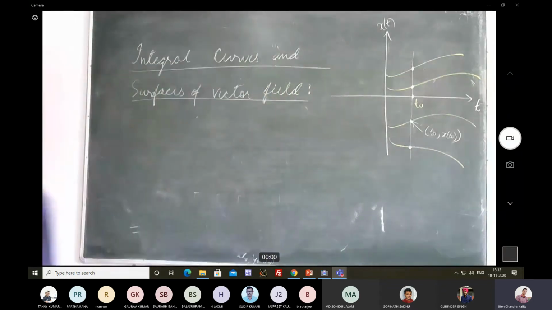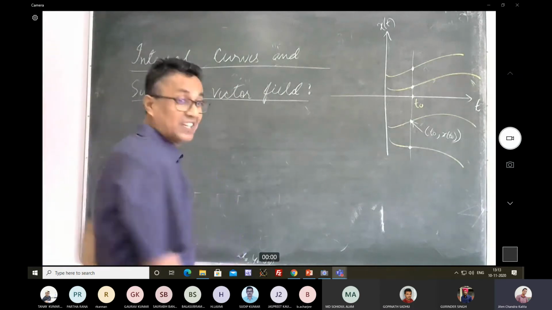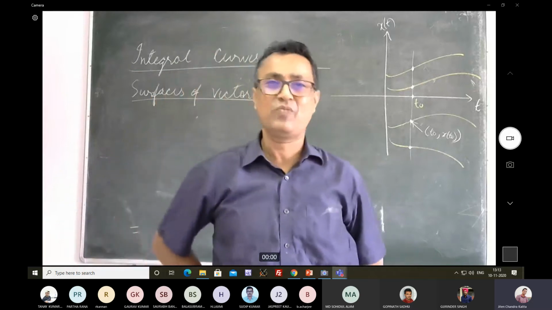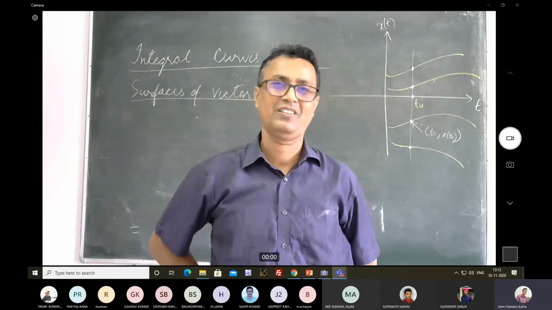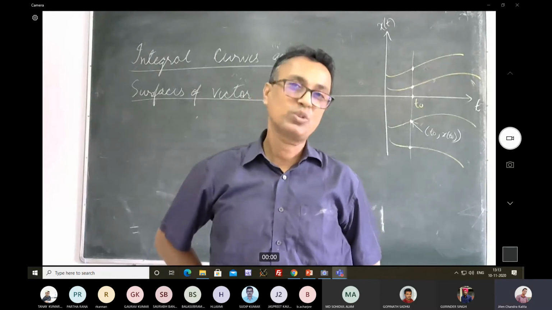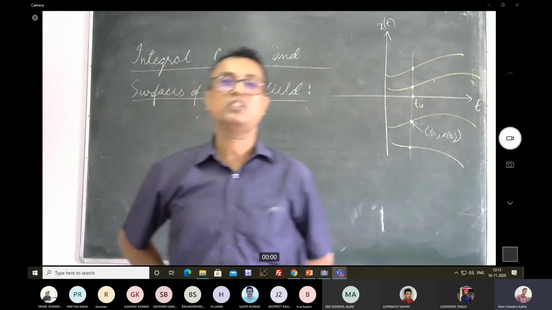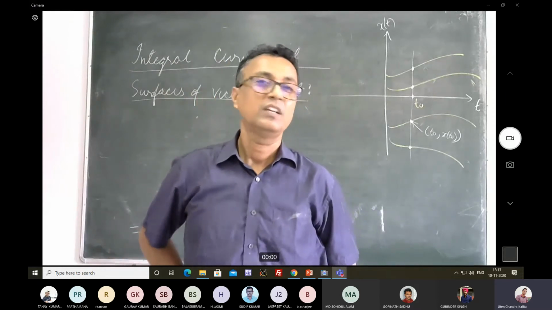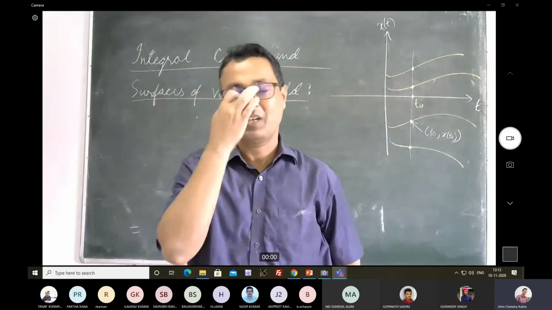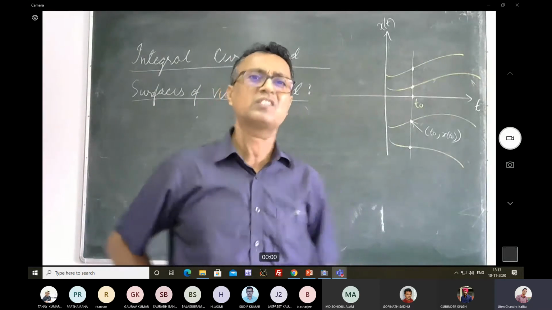Integral curves we have already seen, right? Do you remember integral curves? The solution curves coming out of a given differential equation form integral curves, isn't it? Earlier also I did that. Surface I will come to later on. Now you can see that another term is involved here. So what is that term?